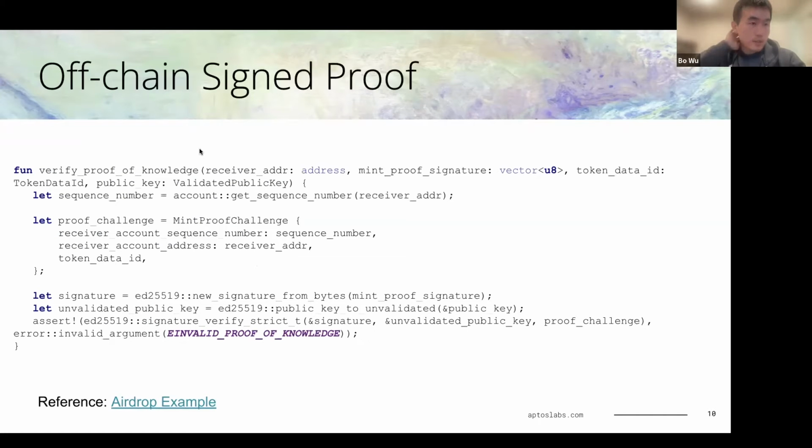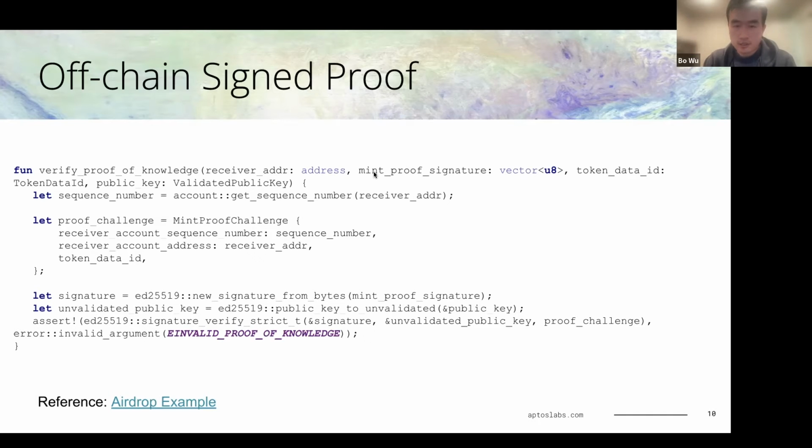Another important access control is the off-chain signed proof. For example, we can use this to authorize those who have the signature to mint NFTs or create NFTs on behalf of the original creator.